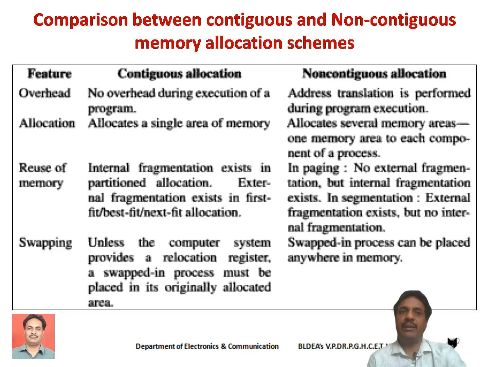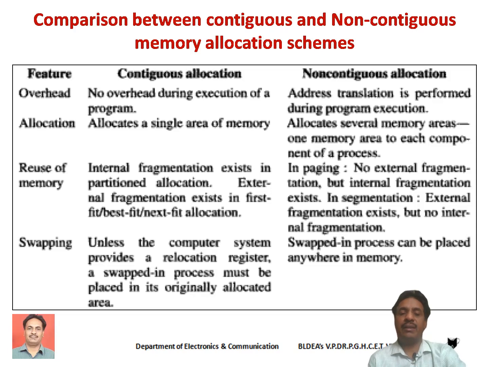But in the third page, only half a kilobyte, that is 0.5 kilobyte, is stored, and the remaining 0.5 kilobyte of that page remains unused. That leads to internal fragmentation. In segmentation, we get external fragmentation, but there will be no internal fragmentation.